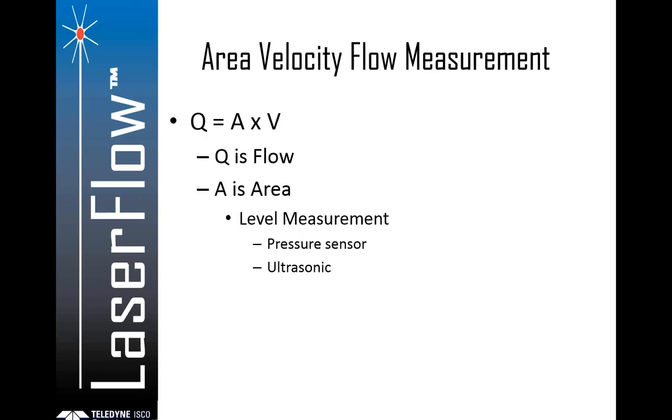It would measure the depth in that pipe, multiply those two values together, and get the area component in this equation. Next, we need to get our velocity. We can measure our velocity with a Doppler sensor, either a submerged contacting sensor or a non-contacting sensor. So simply by measuring the velocity with one of these technologies, multiplying it by the area, we get our flow measurement.